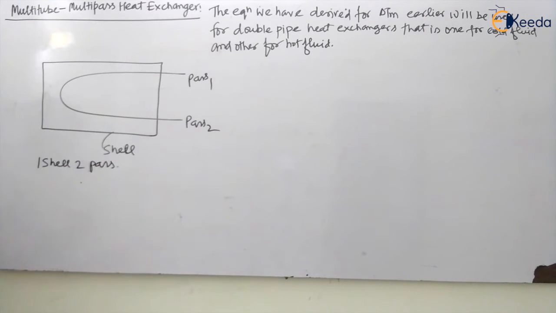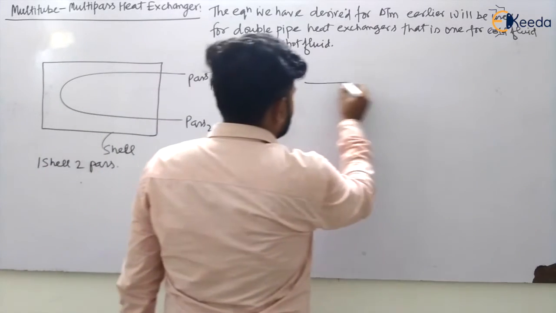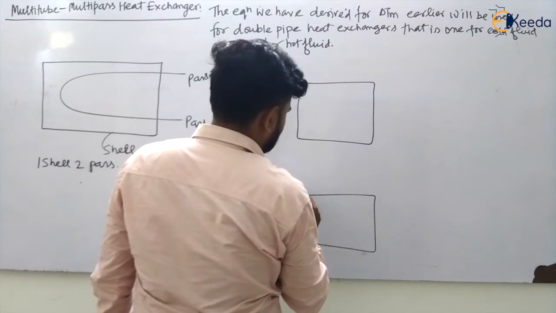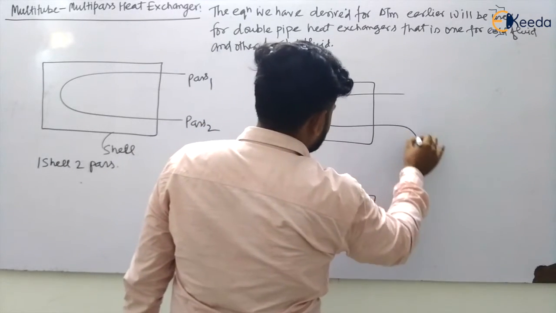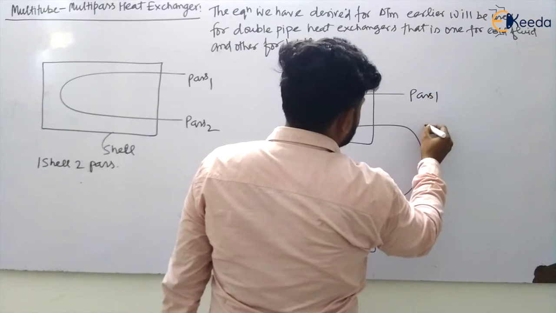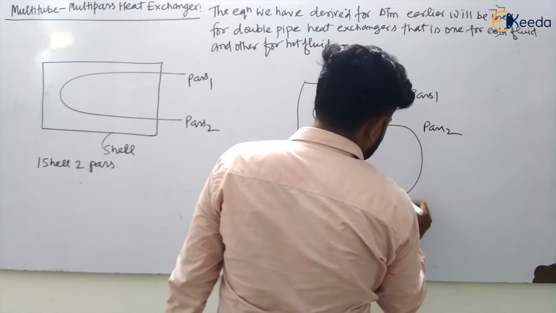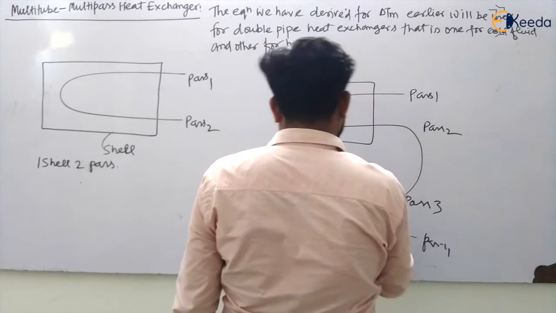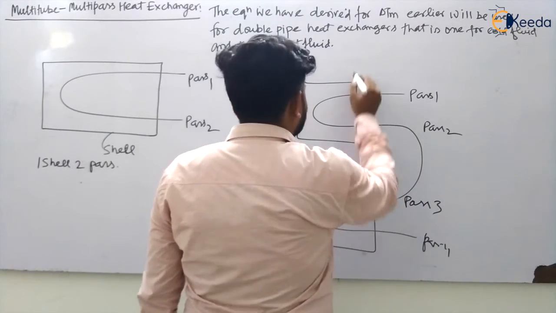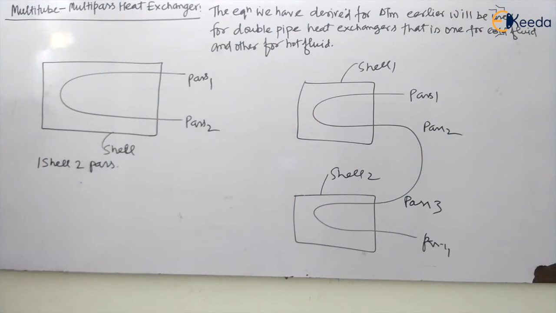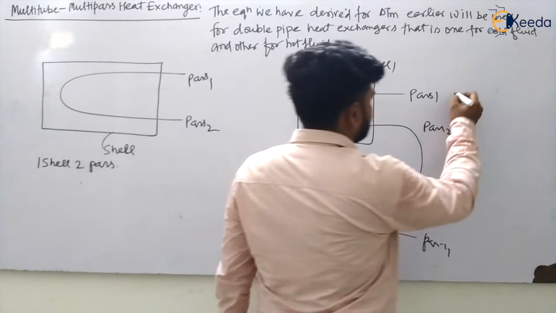Now let us see two shell, 4 pass. So this will be like this. Let us take that is your pass 1, pass 2, pass 3, pass 4, and that is your shell 2, that is your shell 1, my dear students. We have 4 passes or 4 tubes there.